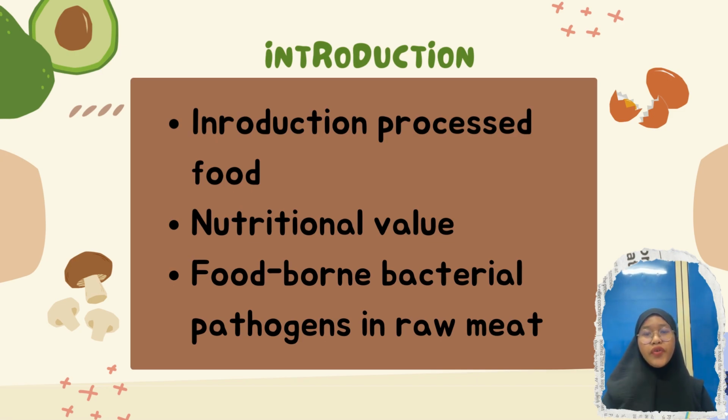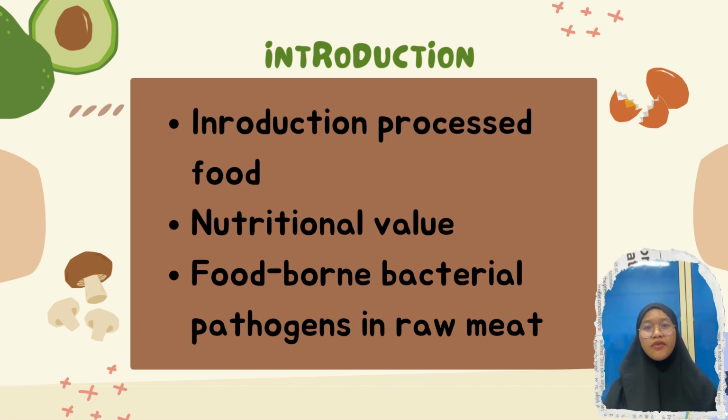Actually, processed food can be healthy or not healthy. The food may be unhealthy because of high levels of salt, sugar, and fat. However, processed foods that are healthy include milk, warm milk, and so on.